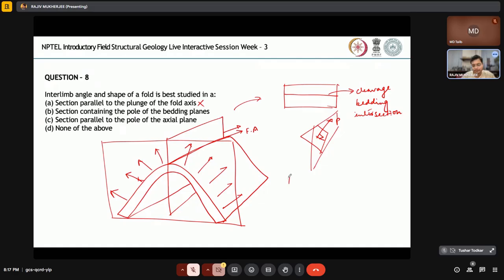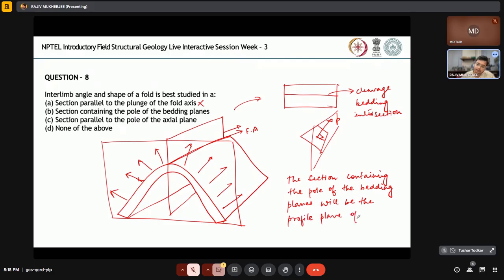So therefore the section containing the pole of the bedding planes will be the profile plane, right?